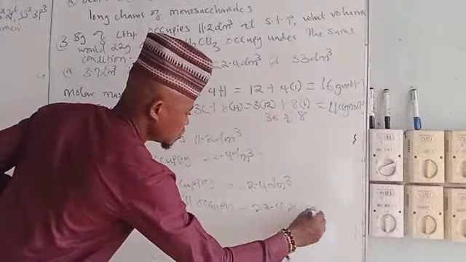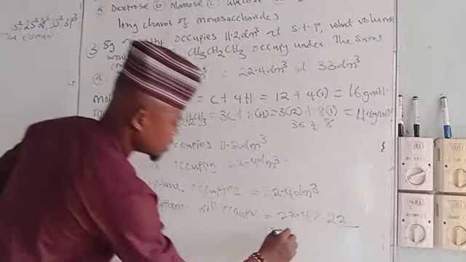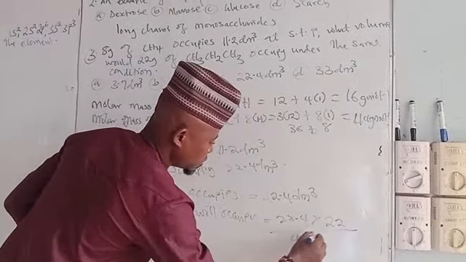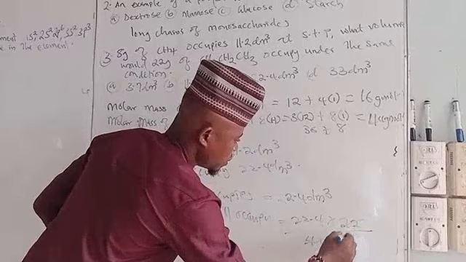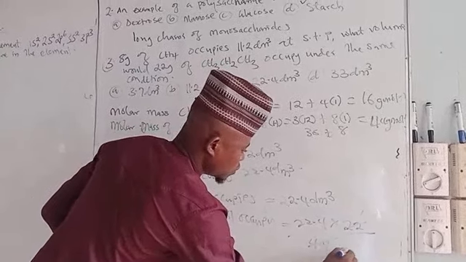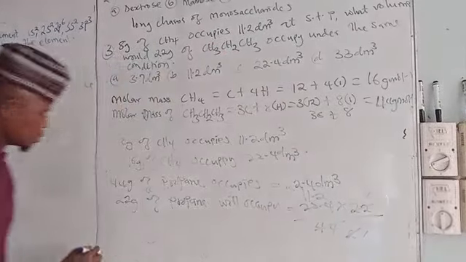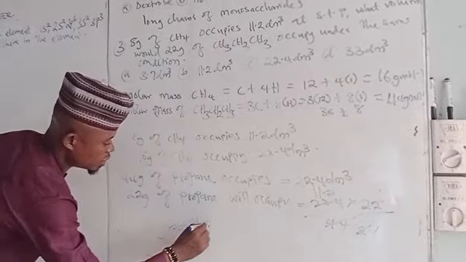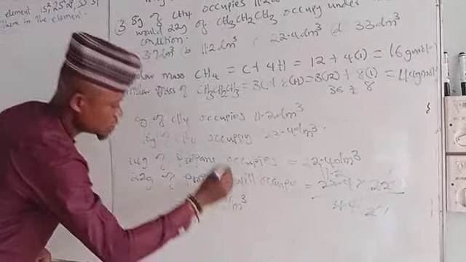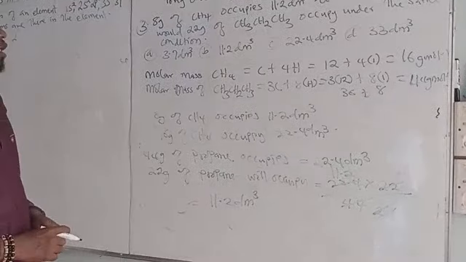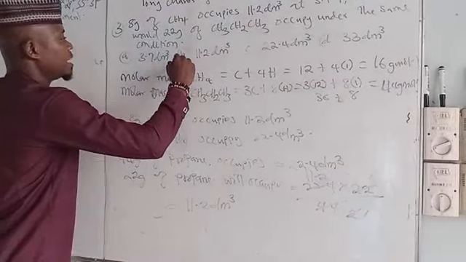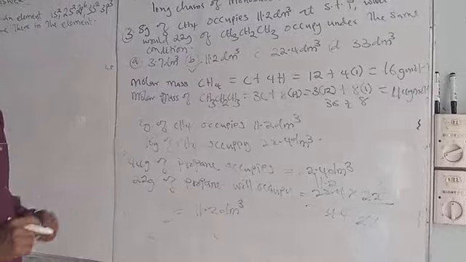Cross multiply: 22 over 44 gives 1 over 2, and 22.4 times 1 over 2 gives 11.2. So it will occupy 11.2 dm³. So the correct answer is option B.